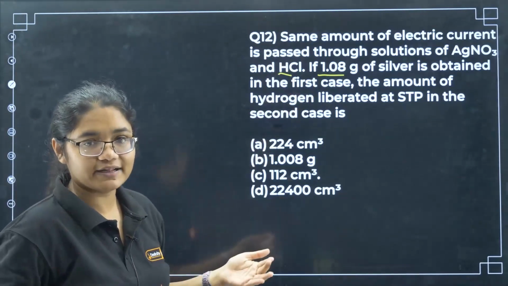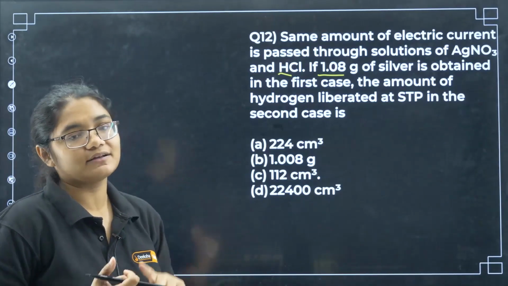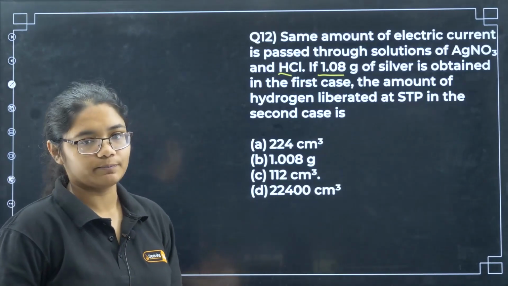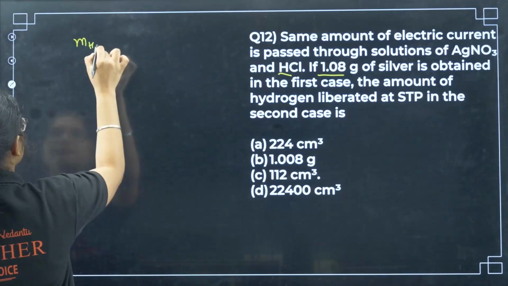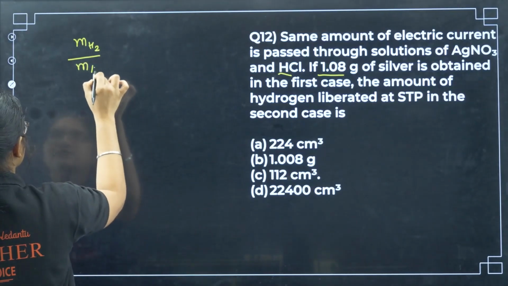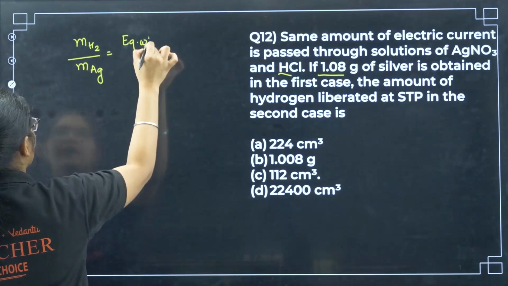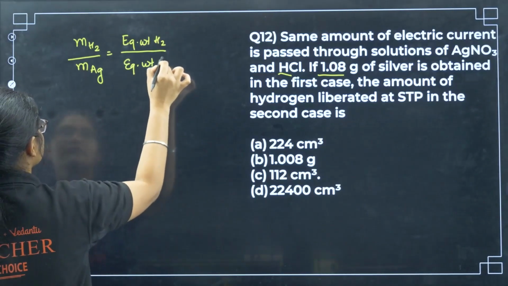So by using Faraday's law, can we calculate what will be the mass of hydrogen gas produced, and once we get the mass of hydrogen gas produced, we can convert it into volume, right? That is the basic formula. So I can say that mass of hydrogen produced divided by mass of silver produced will be equal to the equivalent weight of hydrogen divided by the equivalent weight of silver.